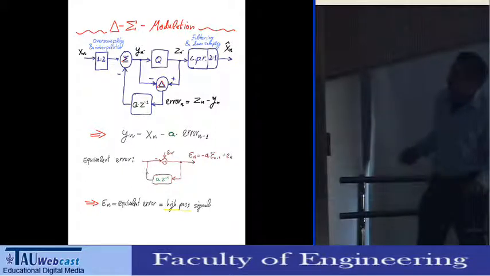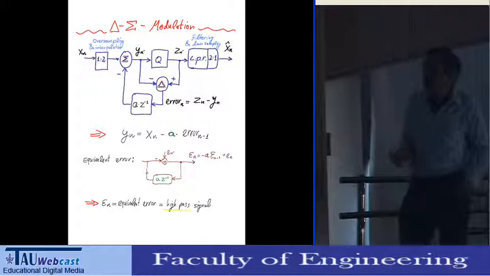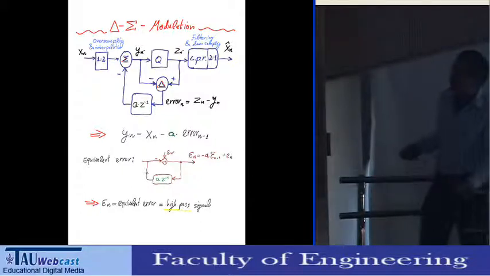If we are assuming that quantization is similar to adding noise, which is a very familiar model, then we can do superposition, forget about the input, and look only at what happens to the quantization error. It goes through this path and returns here with a minus.